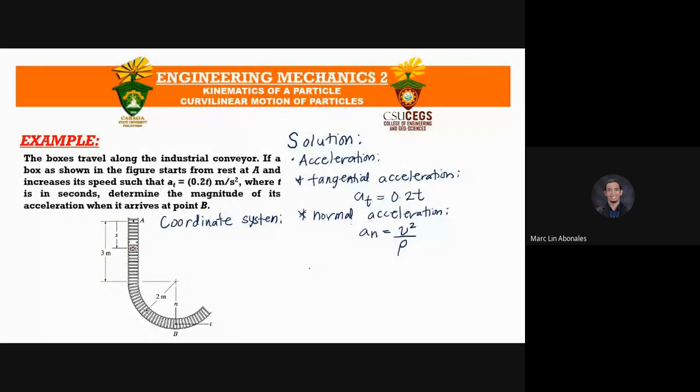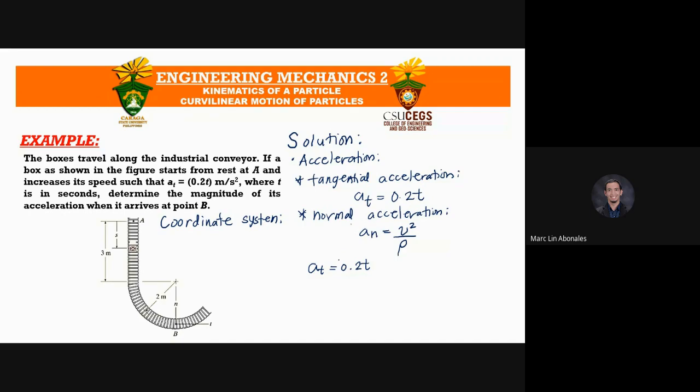So if we go back to the equation for the tangential acceleration, which is a_t is equal to 0.2t, this can be used to determine the equation of the velocity, since our tangential acceleration is a variable with respect to time.